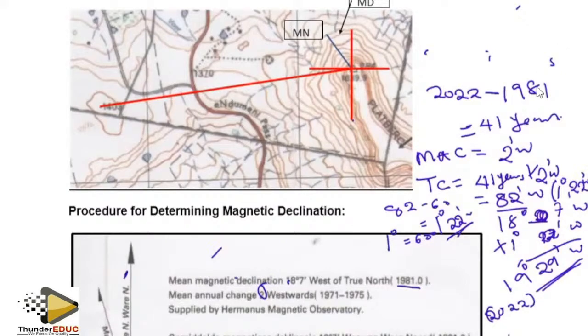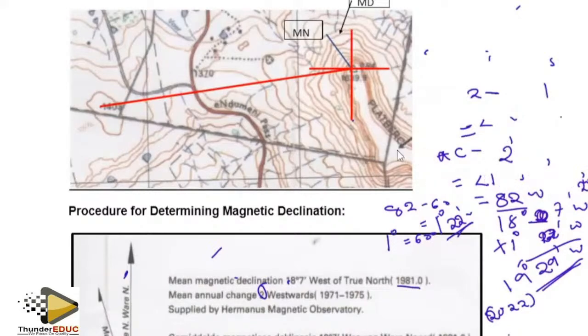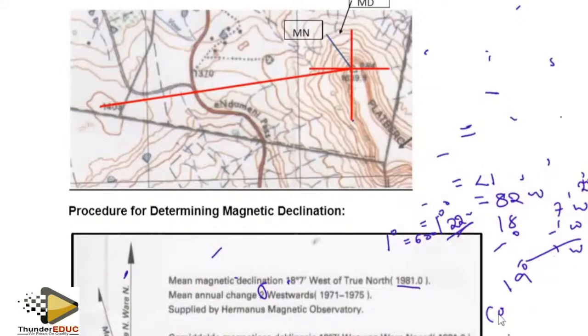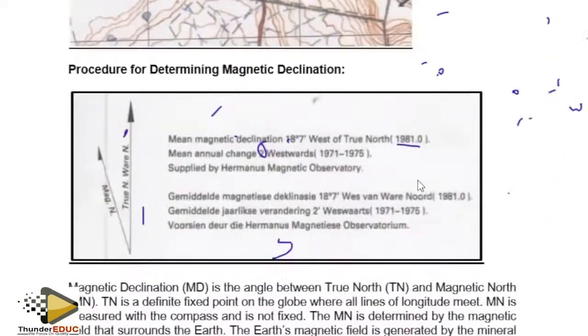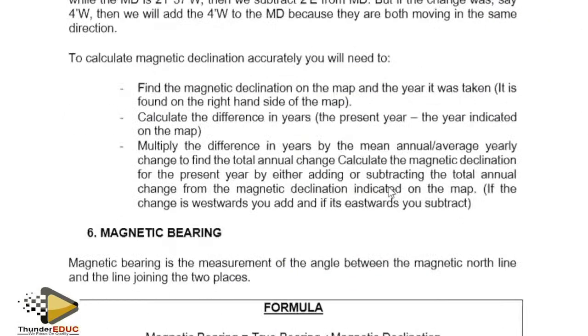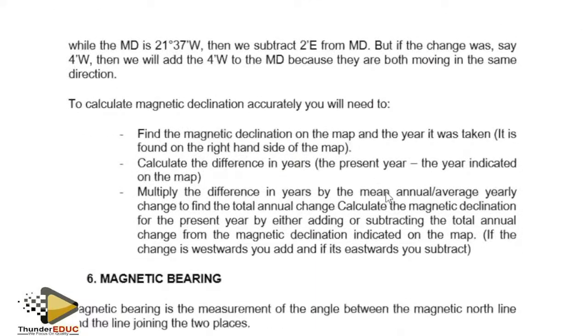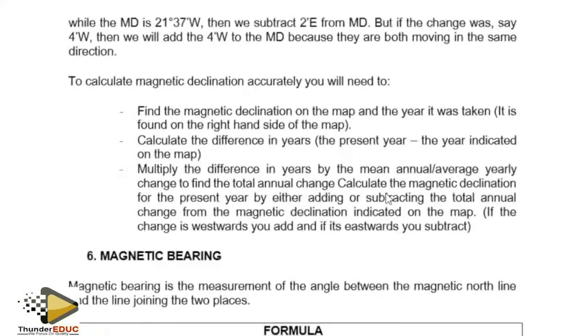All right. So that becomes the calculation of magnetic declination for 2022. That is magnetic declination, not magnetic bearing. Okay.